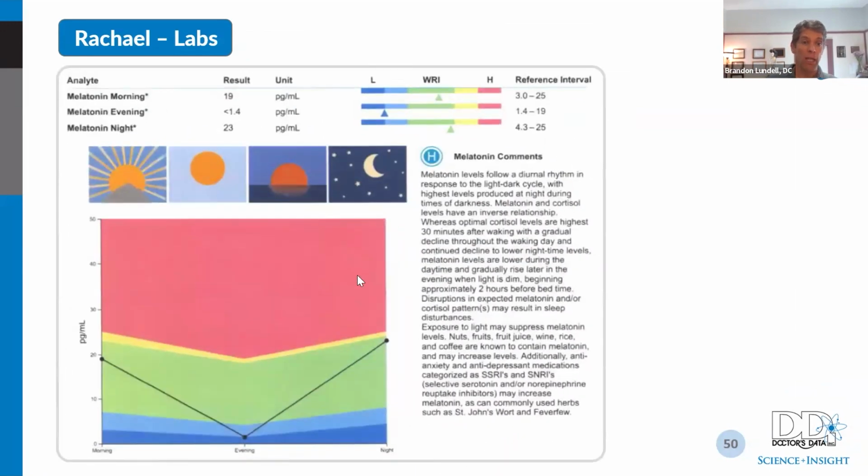Her melatonin levels weren't horrible, but a little bit low in the evening. Oftentimes what I talk about with melatonin is that there are two ways to use a nutraceutical. One way is to just fill a deficiency. She might be suboptimal in the evening, but her morning and nighttime are okay, so she's producing some.